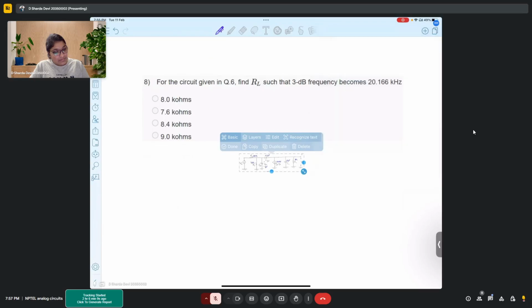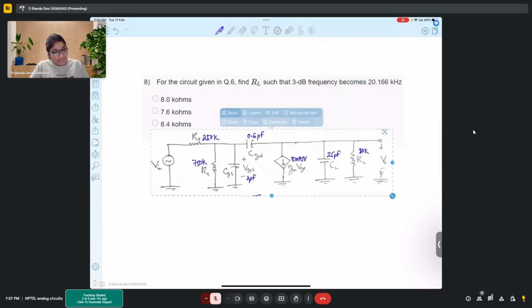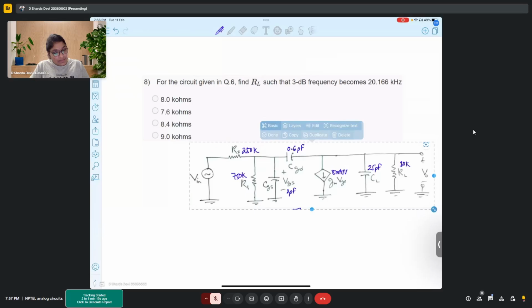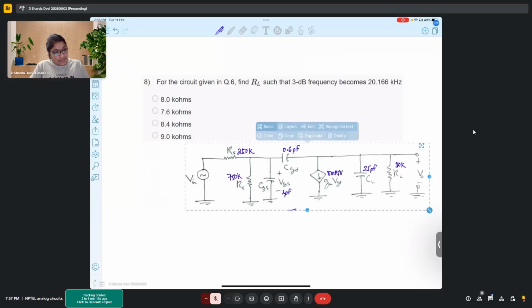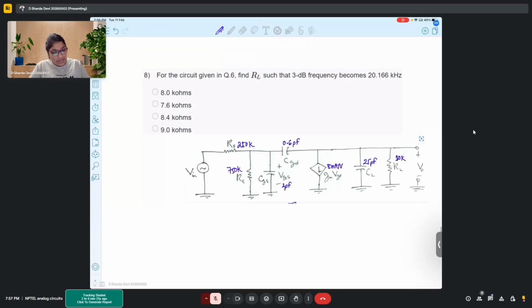Again, the question is that for the same circuit, we have to find the value of RL such that the 3 dB frequency becomes 20.166 kilohertz. So F is given, 20.166 kilohertz.